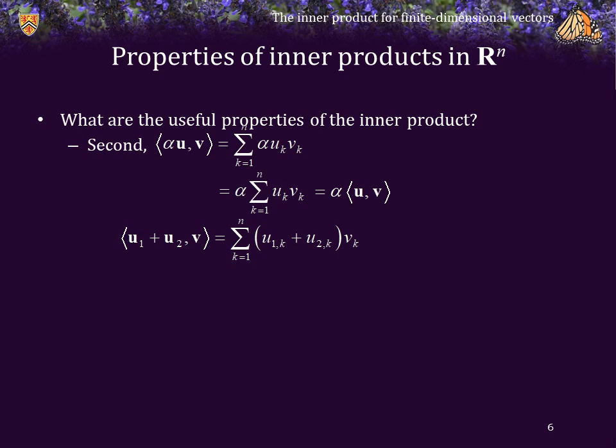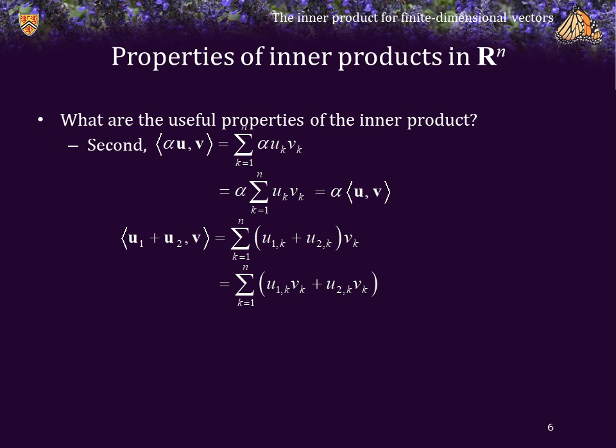In calculating the inner product, this will be multiplied by the first entry of v. Okay, so now we have a sum multiplied by v sub k. But field multiplication distributes over addition, so let's do that.